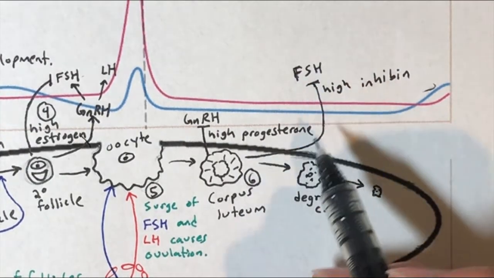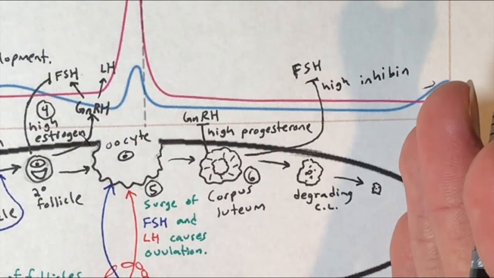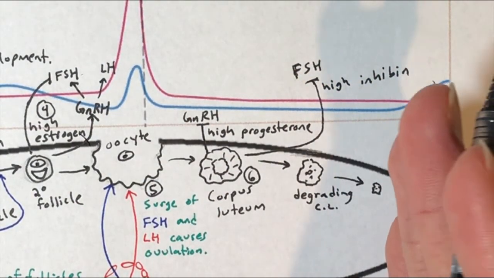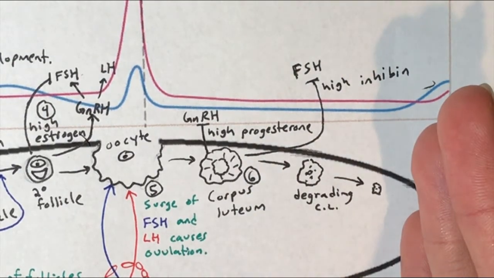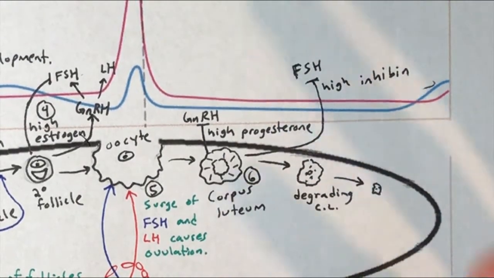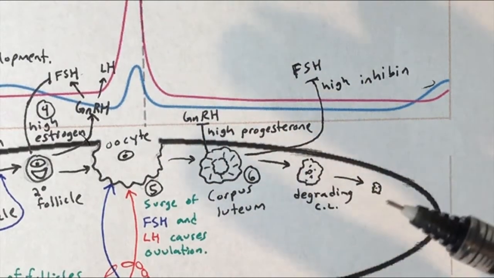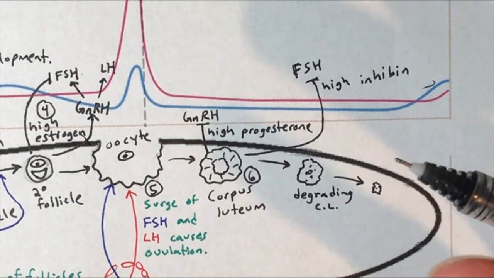This makes sense perhaps here because at this stage of the menstrual cycle, there's no reason to want to develop follicles right now. You want to prepare the uterus for implantation of the embryo that might already exist. There's no reason to focus on the development of more eggs or follicles.